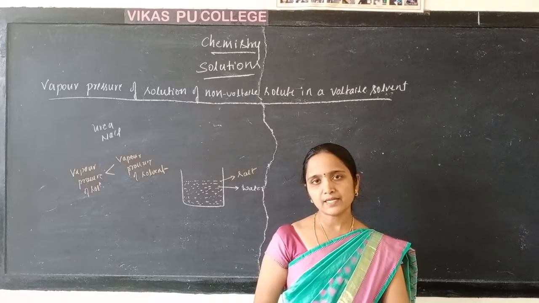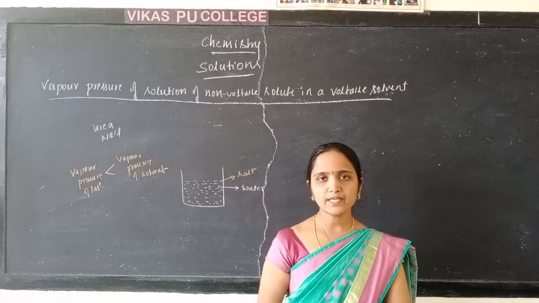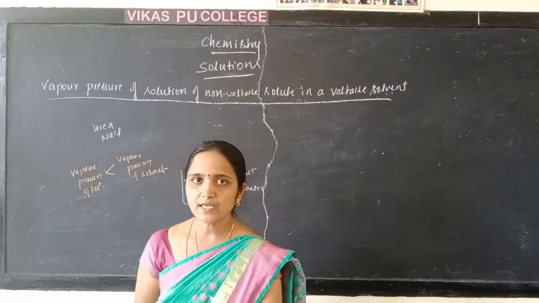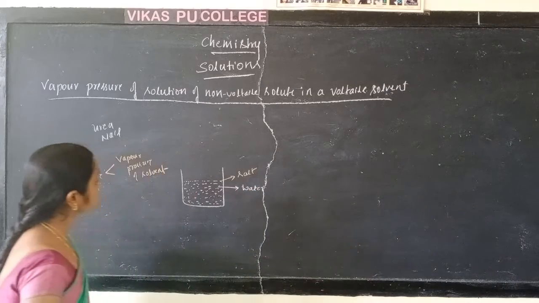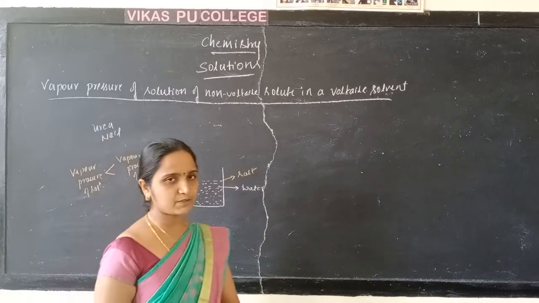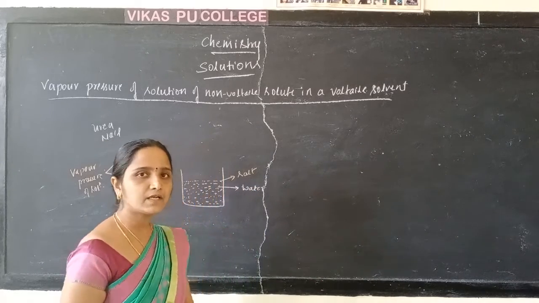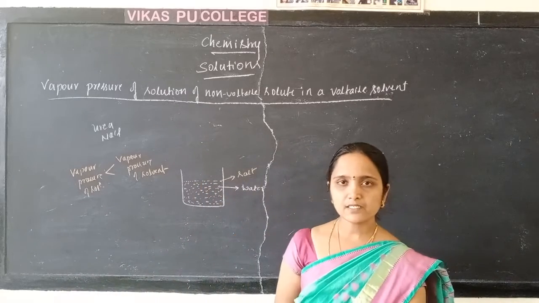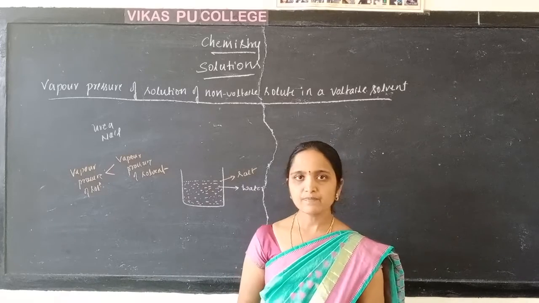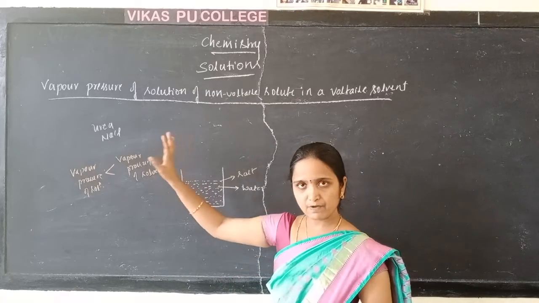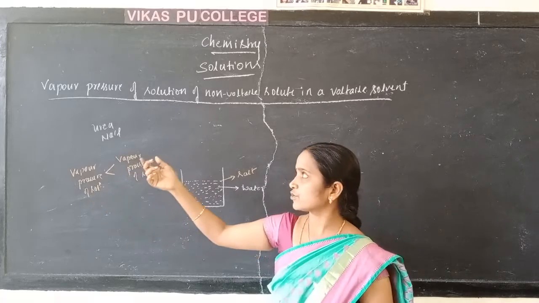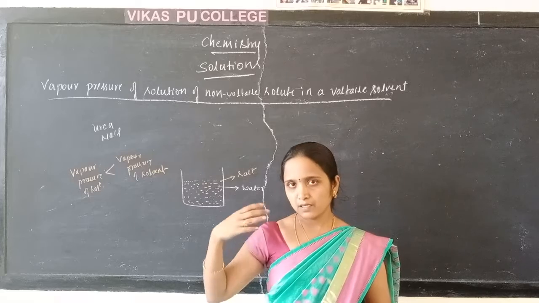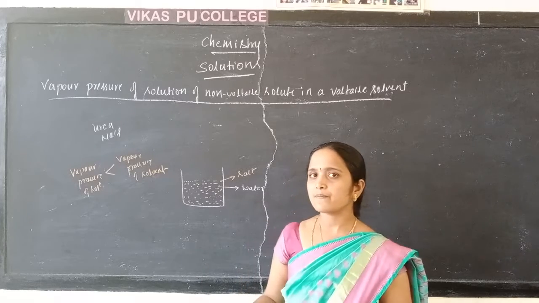This is the statement of Raoult's law for the vapor pressure of a solution containing a non-volatile solute in a volatile solvent. Remember, the pressure exerted by the vapors of a liquid is called vapor pressure.